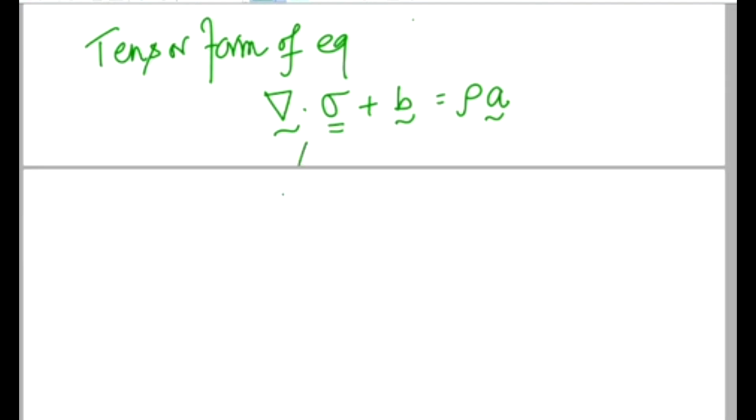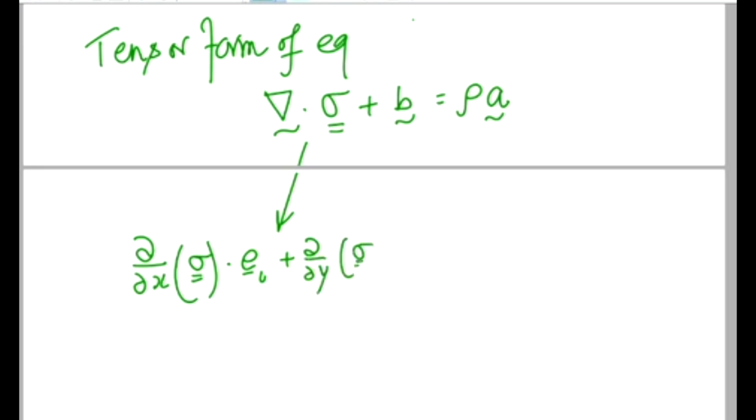So the first one, for example, this becomes del by del x of sigma dot E1 plus del by del y of sigma dot E2 plus del by del z of sigma dot E3.